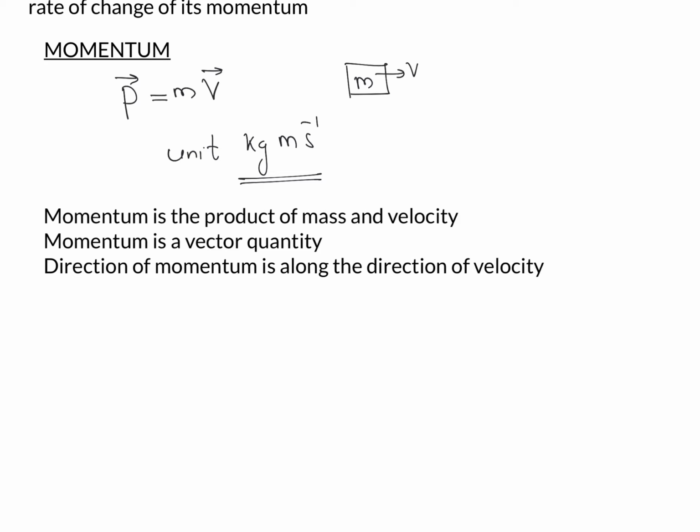Now we'll come back to Newton's second law. It states that the net external force acting on an object is directly proportional to its rate of change of momentum. Let's see what we mean by rate of change of momentum.